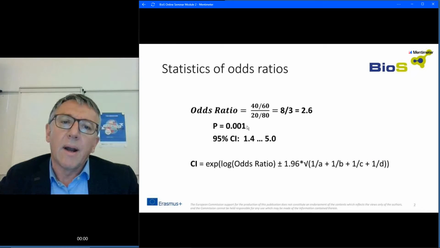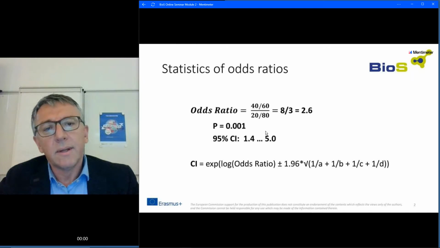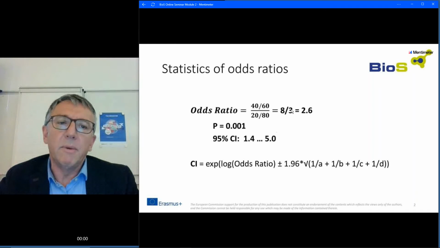It tells you what would be the range of odds ratios that you can obtain in conducting these studies. So the real odds ratio that you obtained in this study, which was 2.6, could be anywhere between 1.4 and 5. So if you conduct the study again, it could easily be 4.5 or it could be 1.5.